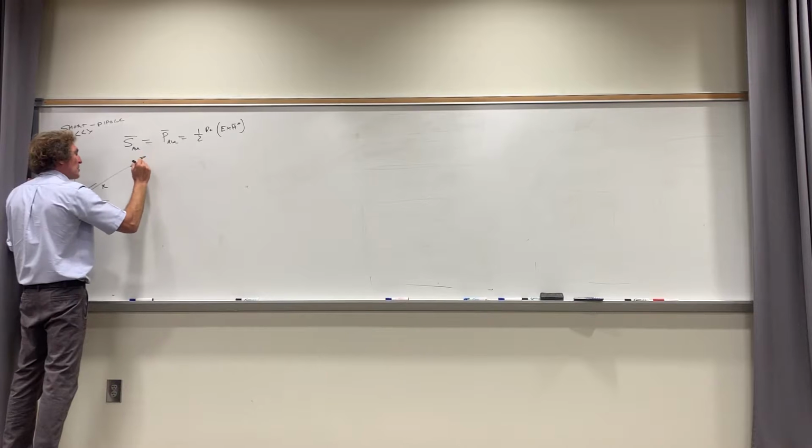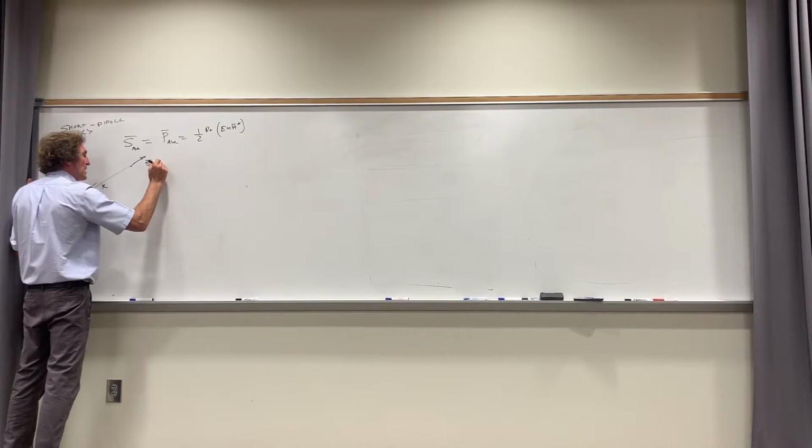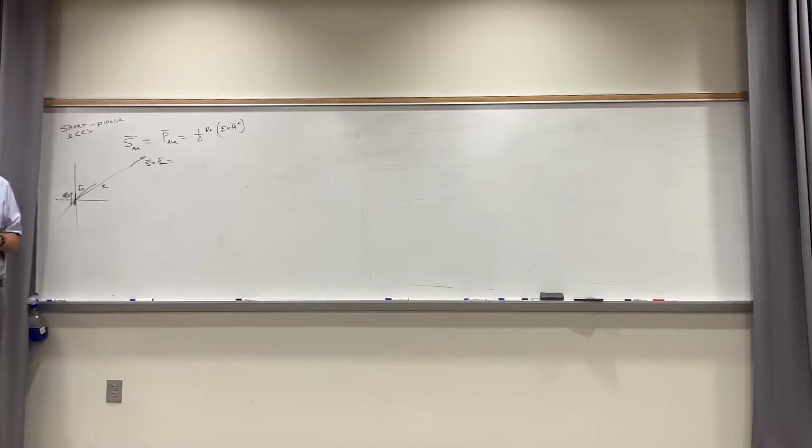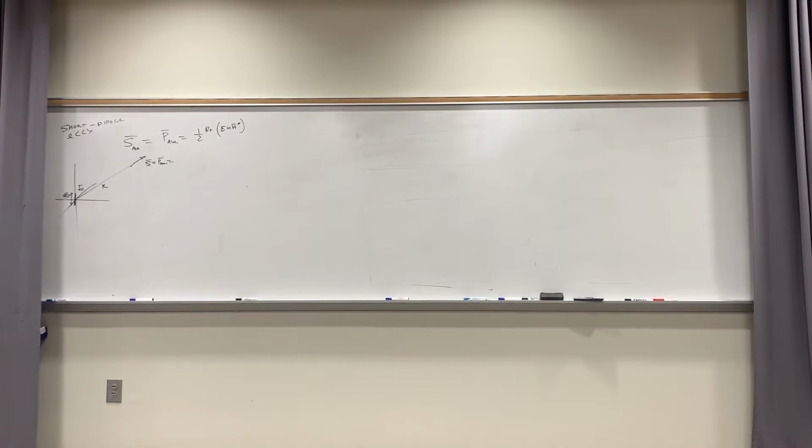And now I want to know either S or P_av out here. Do you remember how I get this? Well, what coordinate system are we in? Spherical coordinates, right? Which way is power propagating? If the source is at the origin, it's propagating in the radial direction, right? In the R direction, correct?